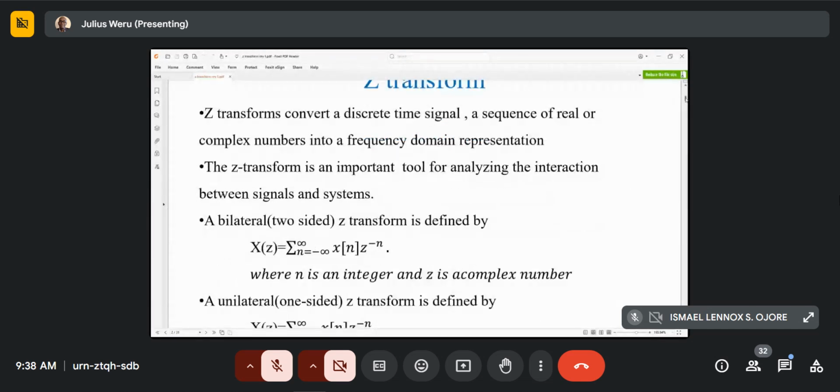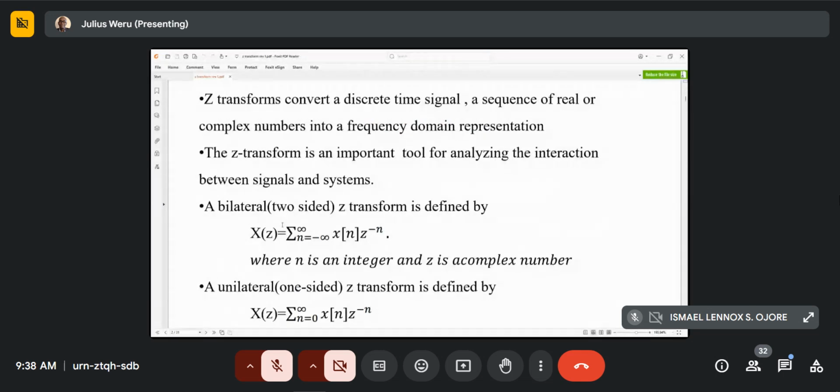So this is the two-sided, the bilateral Z transform, which is defined by X(z) as the sum from n equals negative infinity to infinity of x[n] z^(-n), where n is an integer and z is a complex number. So because z is a complex number, instead of breaking the complex number, we are just looking at z.